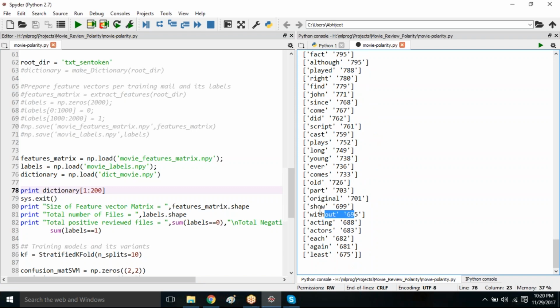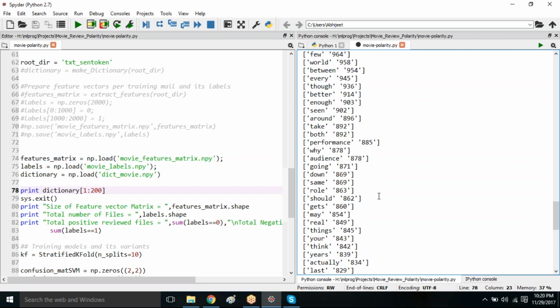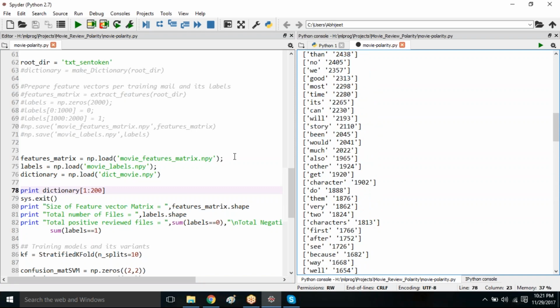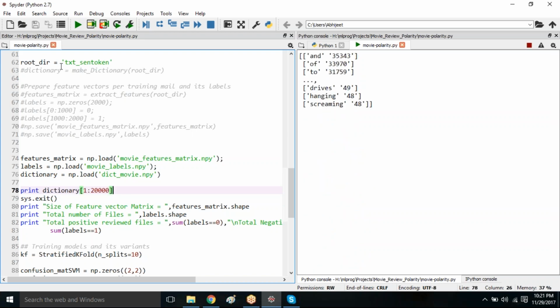These are the words. This is just 200. There are 2500 words like this. Let's say I say 2000. When you give it more, it will just do dot dot dot and skip some of the words, and so it will go like this.